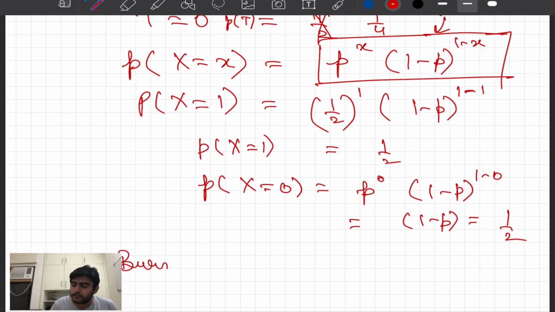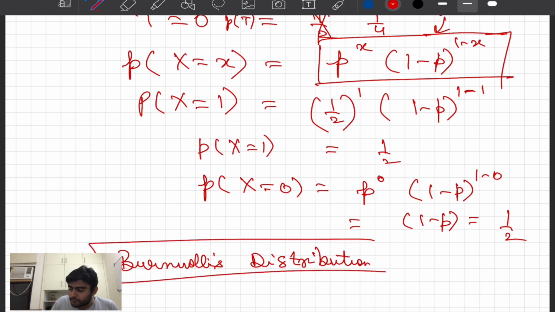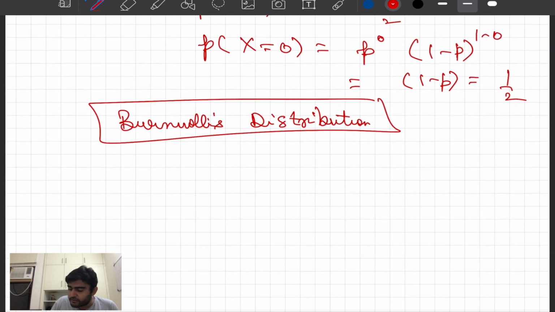For example, the function that I wrote here is called the Bernoulli distribution. When we talk about the Bernoulli distribution, we are talking about one single trial. You have one coin, you tossed it, you got an outcome, and so on. However, when you expand this to multiple trials, this becomes the binomial distribution.